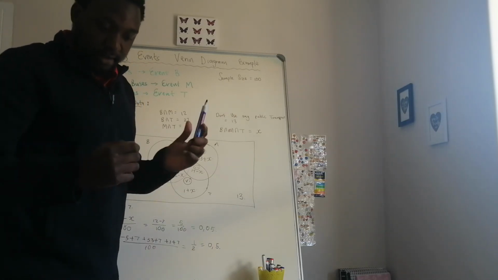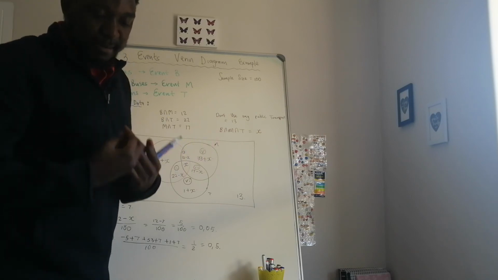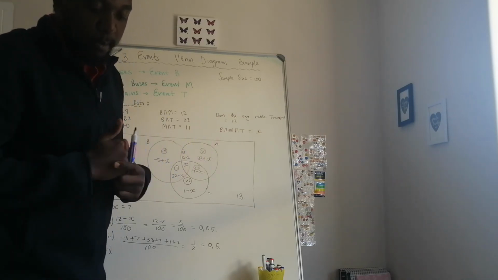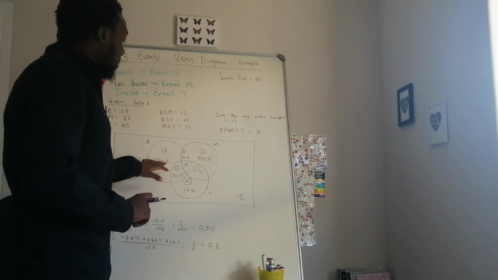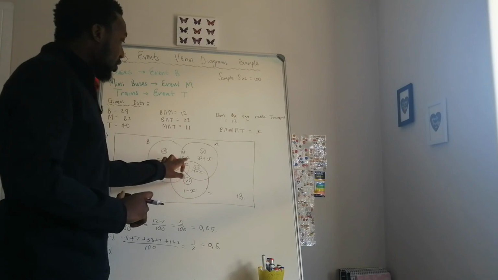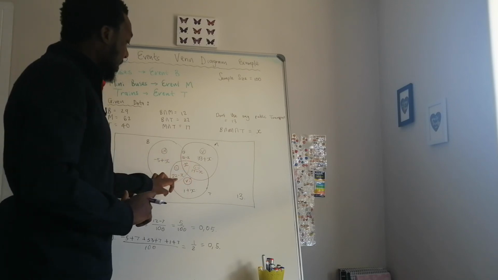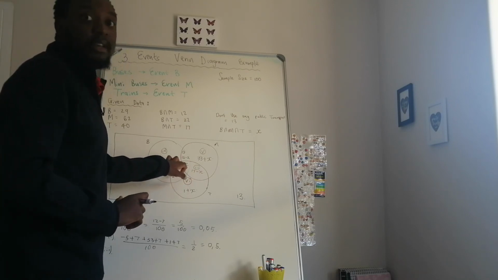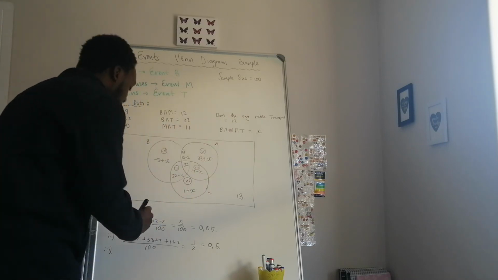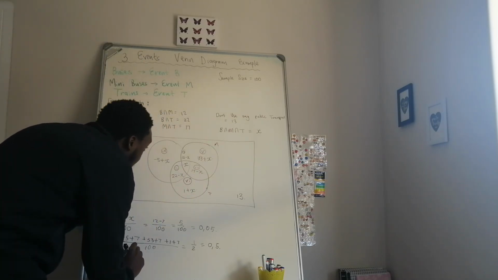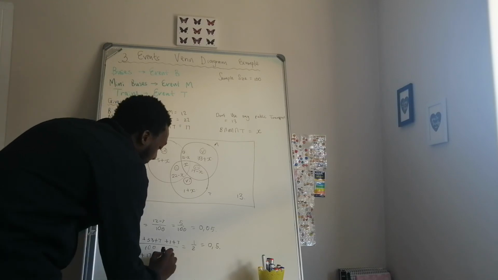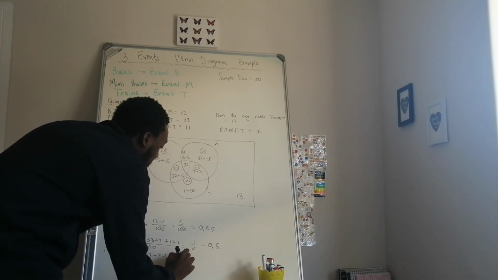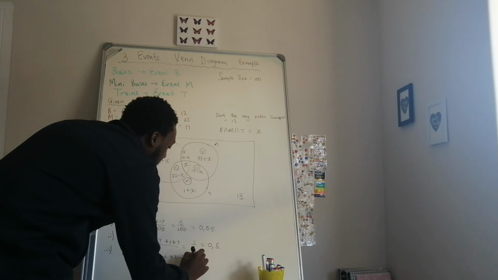So the last one, what is the probability that the person uses one or uses more than one mode of transport? So that's 1 and more than 1. We're talking about that space, and that space, and that last space there. So we add all those values. So it will be 12 minus 7 plus 17 minus 7 plus 22 minus 7 plus the 7.